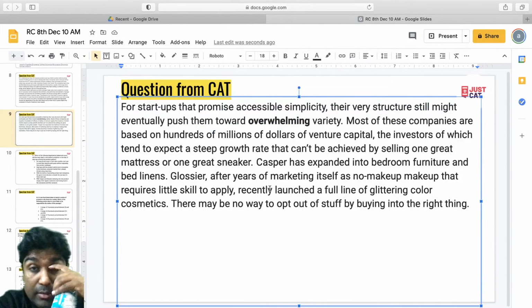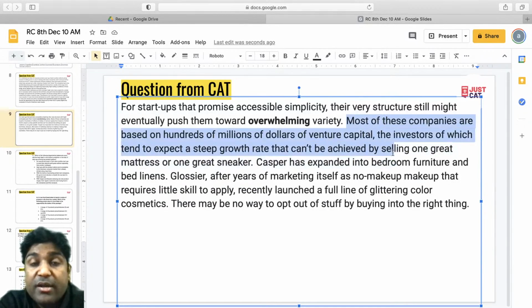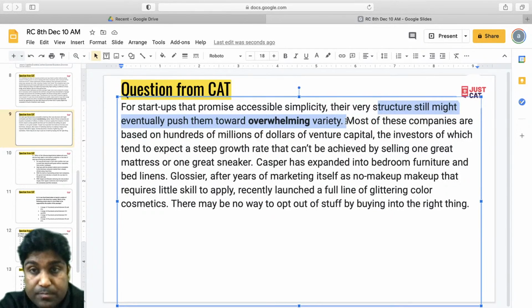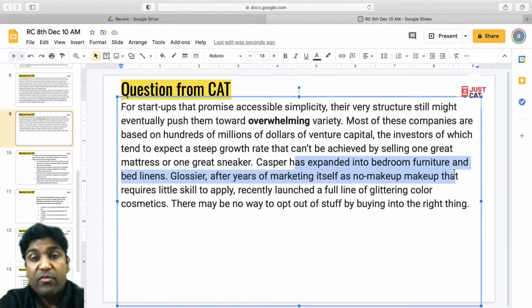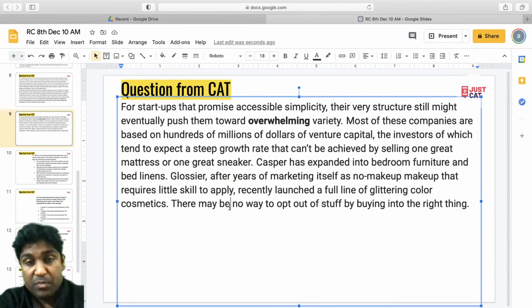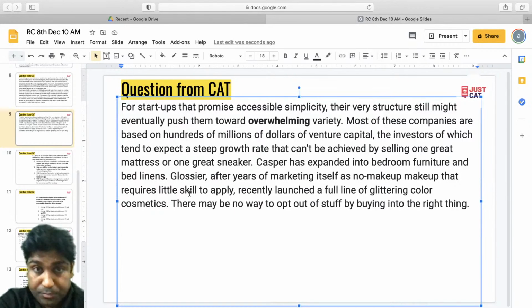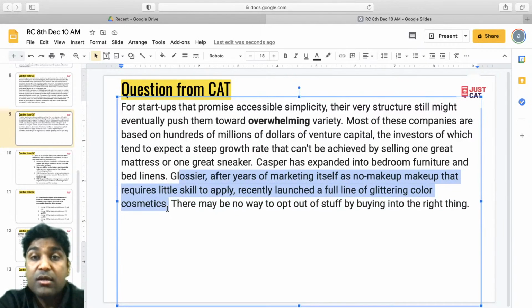They said that most of these companies are based on hundreds of millions of dollars of venture capital, the investors of which tend to expect a steep growth that can be achieved by selling one mattress or one sneaker, and their structure might eventually push them towards overwhelming anxiety. Casper is doing bedroom furniture and bed linen, and Glossier has ventured into glittering color cosmetics.